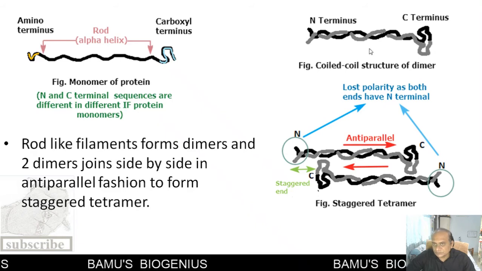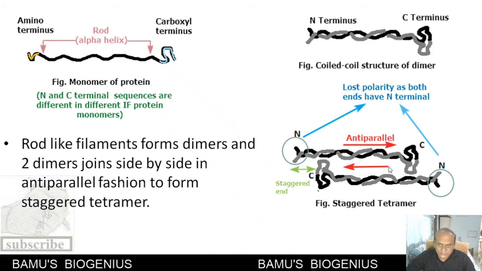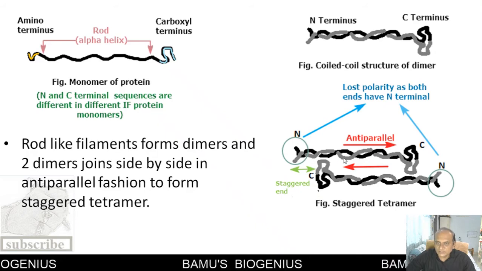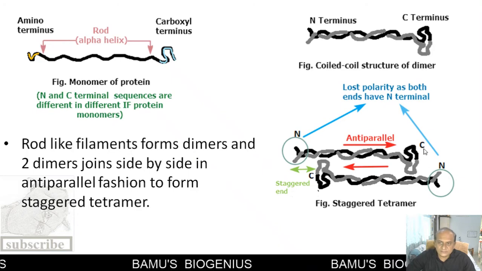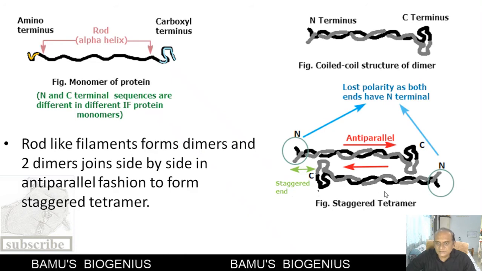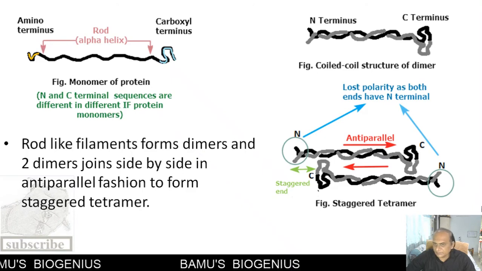So these coiled coil dimers attach side by side with each other in an anti-parallel manner, with a staggered end, so that one dimer has an N terminus and another dimer has a C terminus, but when they attach to form the tetramer, this tetramer has an N terminus at both the ends.